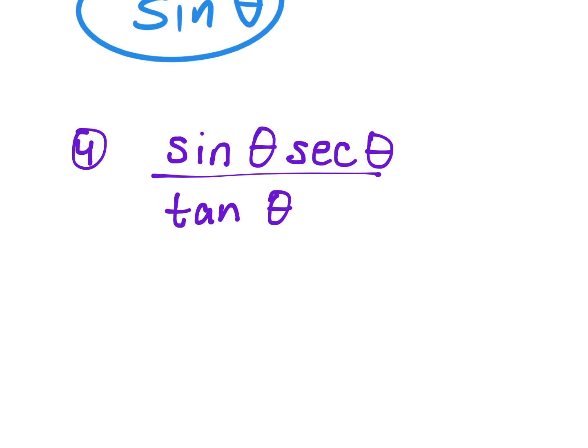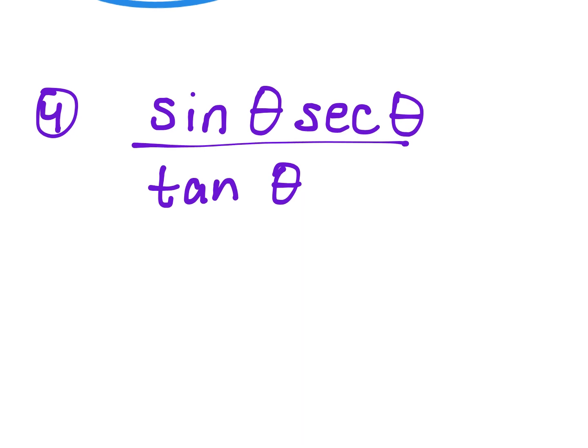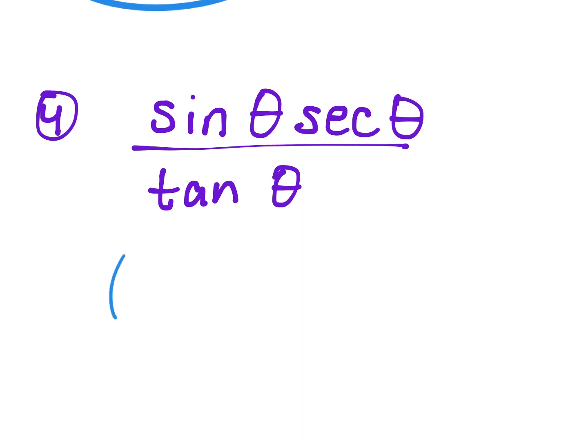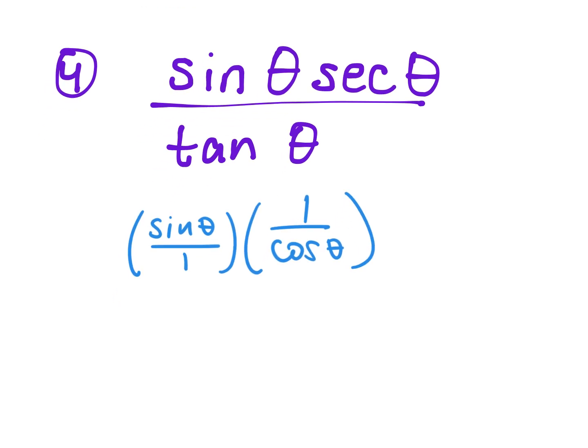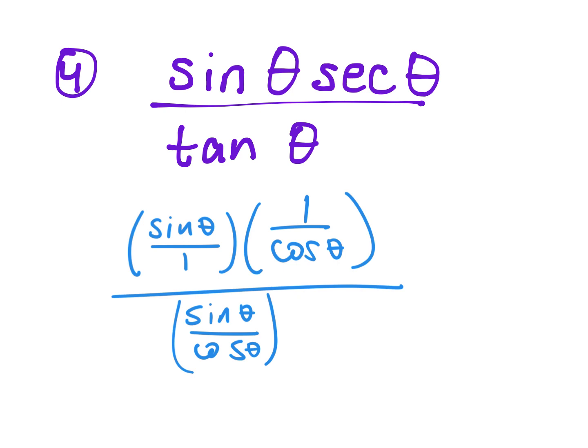All right, scoot down to number 4. Again, nothing is being added or subtracted. We don't have anything squared attached to a plus or minus 1, so let's just go through and simplify. Sine is going to stay sine over 1. What am I going to change secant to? 1 over cosine, okay. And then what about tangent? Sine over cosine, good. Everybody with me?